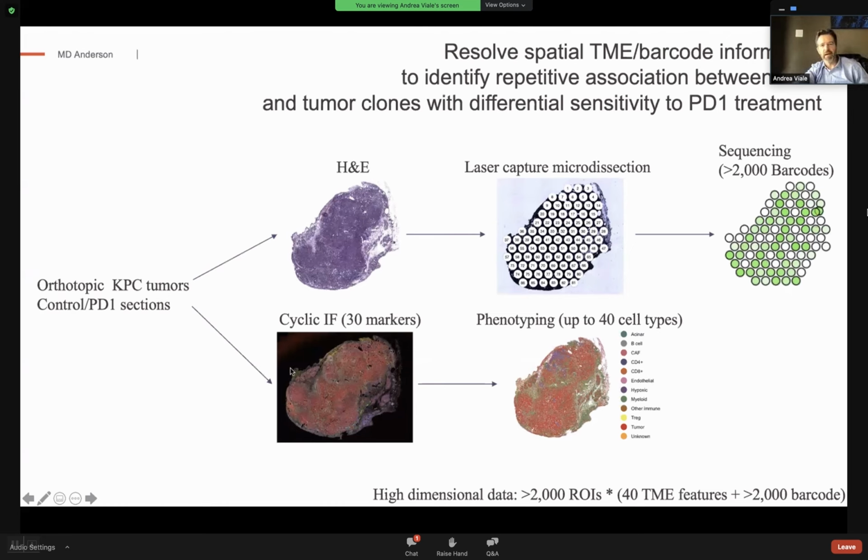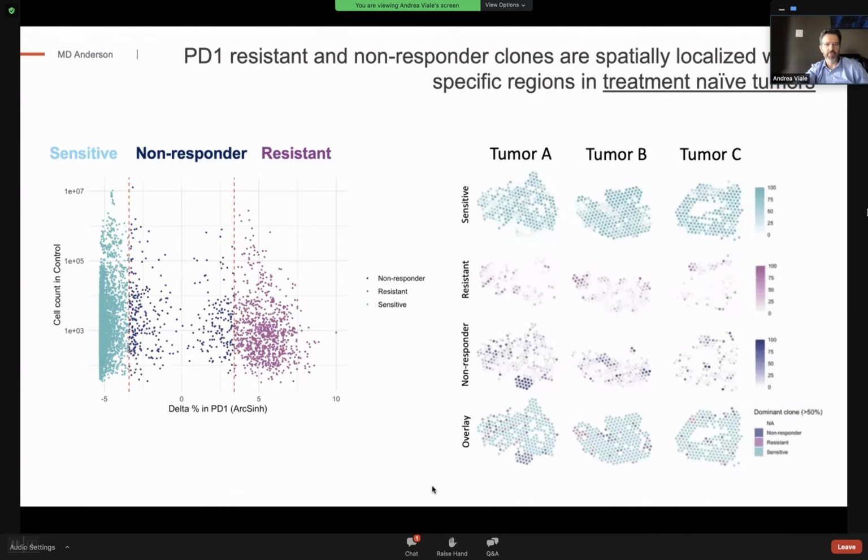And in the meantime, on a sequential slide of tissue, Nick performed high content imaging using up to 40 markers to distinguish different populations of cells. So from the laser capture and sequencing, we were able to reconstitute the spatial localization of the different populations of cells in the tumor.